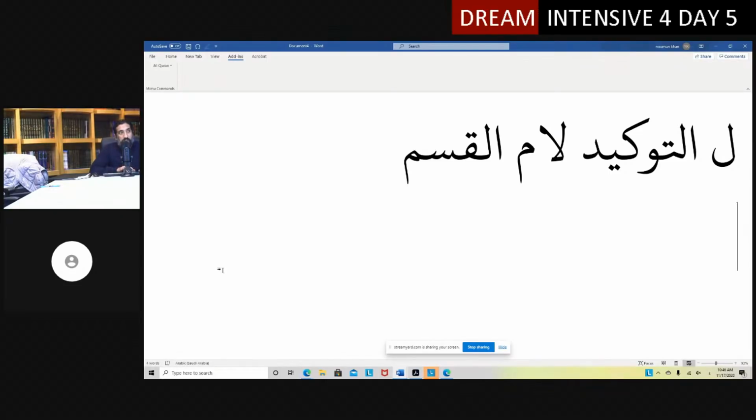So here's how it works. This lam, by the way, can occur on a harf. So lafi khusr, okay? Lamin ahli kitab, etc. لكن الظالمون لفي ضلال مبين, or إنه في الآخرة لمن الصالحين. So clearly it's a harf that can even sit on top of a harf, no problem. You can have, for example, لقالوا.